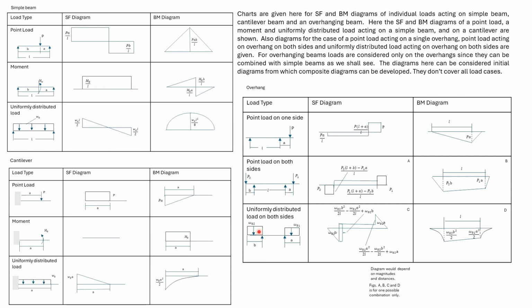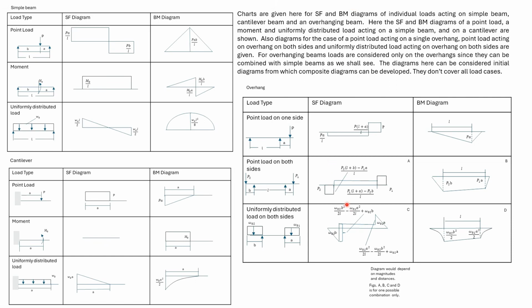Here we have a UDL acting on both the left and the right overhang. This again is a shear force diagram and a bending moment diagram. That is one of the possible diagrams.